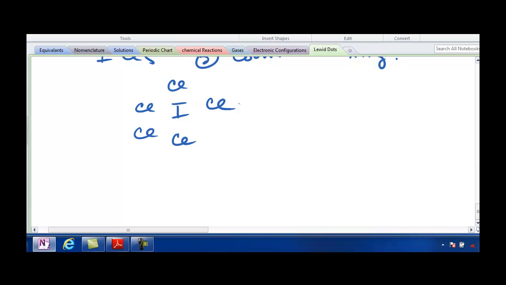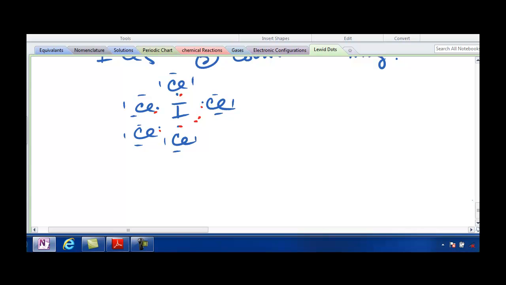And it shares the 7th one, so I'm going to go 2, 4, 6, 7, for each. And iodine is also 7: 1, 2, 3, 4, 5, 6, and 7. Hopefully by now, after so many dozens of examples we've done, Lewis is not a problem. Lewis is the simplest bonding theory. There are others that are not as simple.